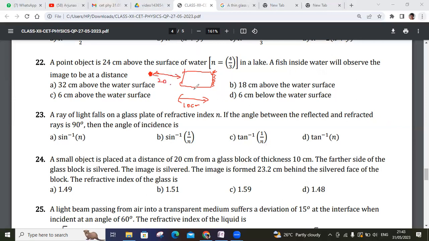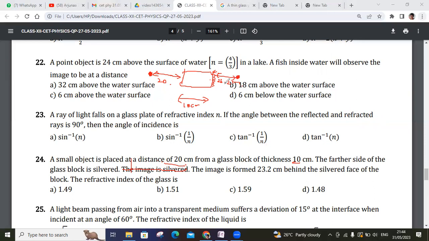The farther side means farther from the object; this is nearer. It is silvered. The image is formed 23.2 centimeter behind the silvered surface of the block.